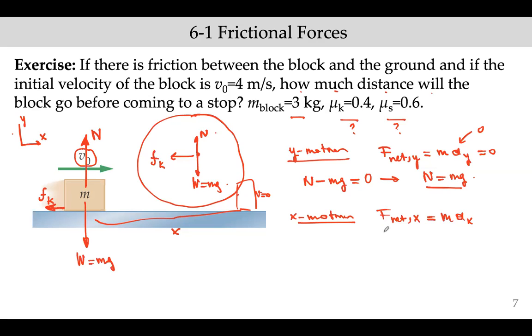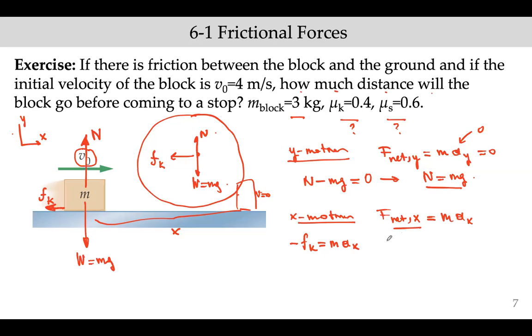We will actually calculate it first, from F net equals ma in the x direction. So what is the net force in the x direction? Well, look at the free body diagram. The only force in the x direction is the friction force. And with respect to this coordinate system, it's in the negative direction. So it's basically negative Fk equals ma_x.